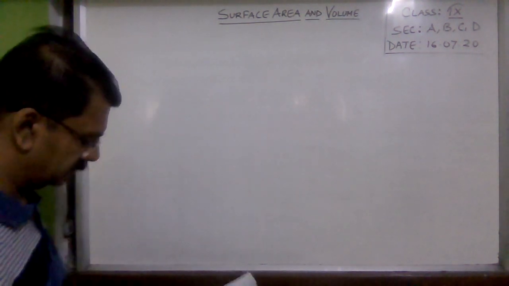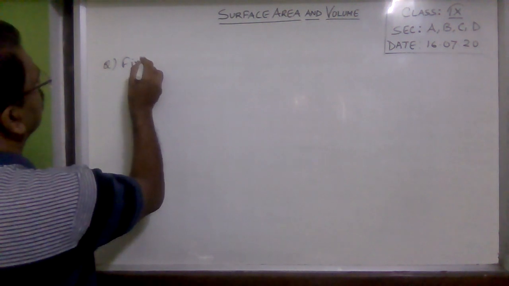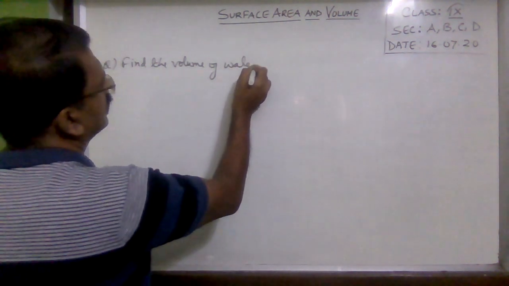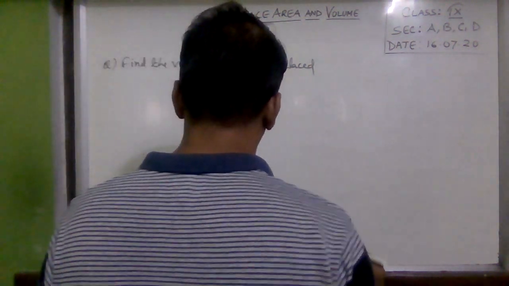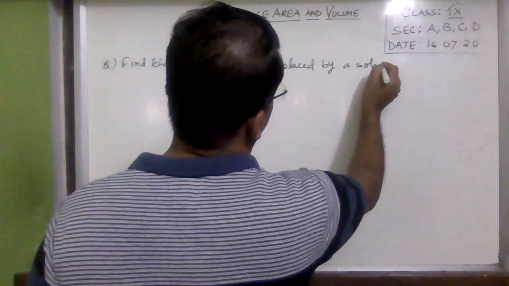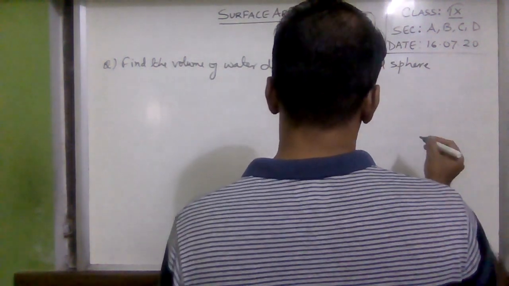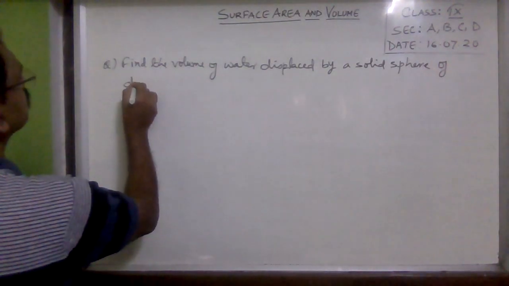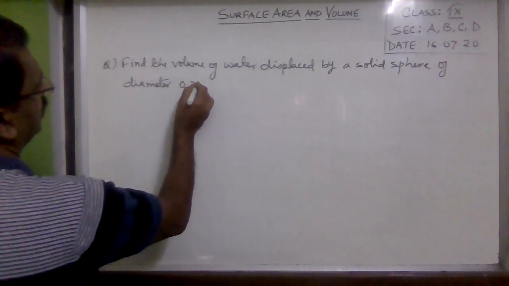Now, next question, find the volume of water displaced by a solid sphere of diameter 0.21 meter.